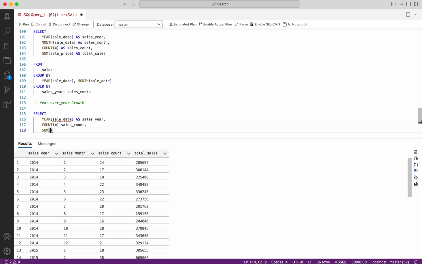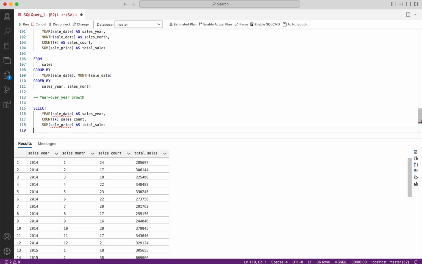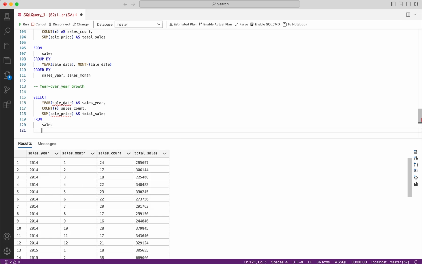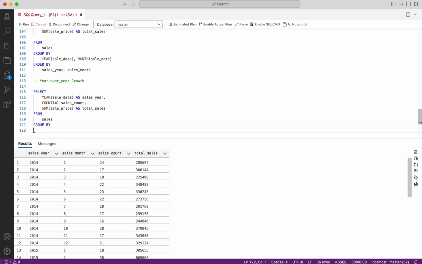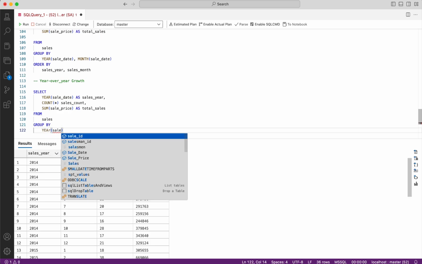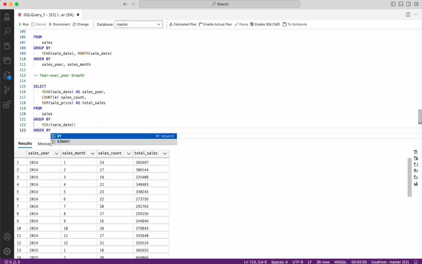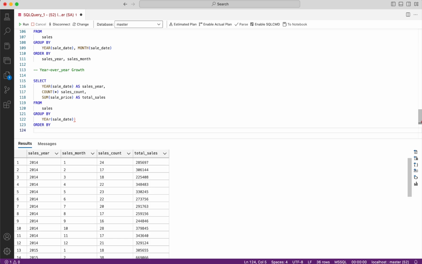And we want a sum of the sale price as total sales from sales group by sales year. Okay, let's see if we did this correctly.